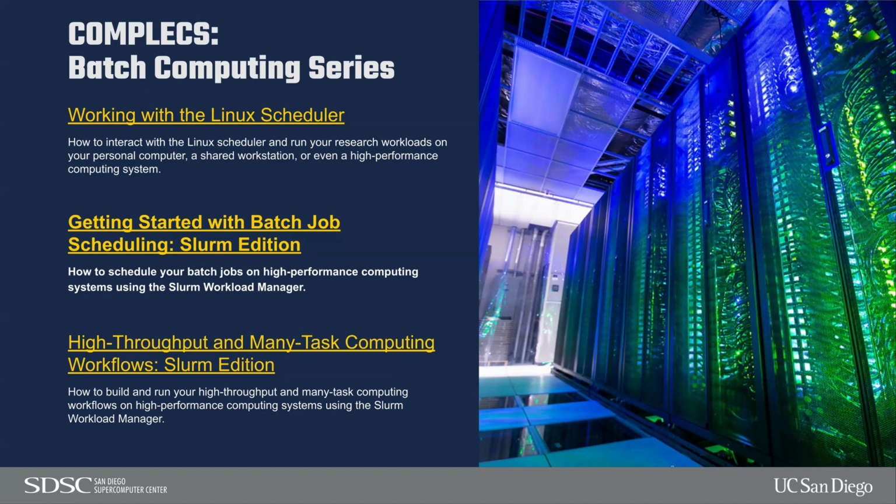Today's session is getting started with batch job scheduling with Slurm. But this is part of a 3-part batch computing series that we've been putting together, and I've put links here to the other talks. One is getting familiar with the Linux scheduler, if you've never directly interacted with it before. And then there's high throughput and many task computing workflows.